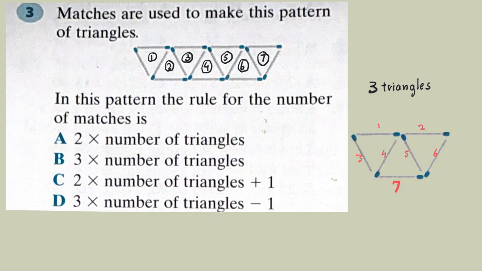Let's just check the last one. 3 times 3 is 9. 9 take away 1 is 8. So none of the others are any good. The only one that will give us 7 matches is C. Now I've chosen 3 triangles. You may have wanted to choose 4 triangles or 5 triangles or the 7 triangles as there are here. But 3 triangles was enough for me to find out what the pattern was.